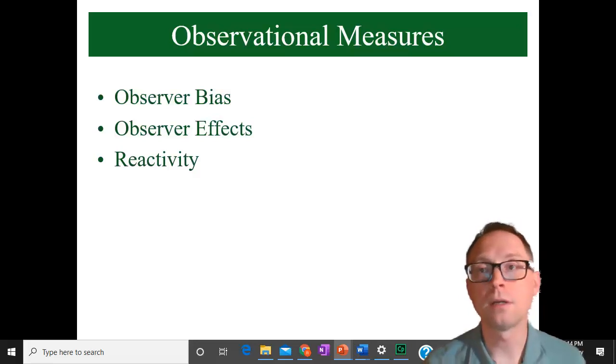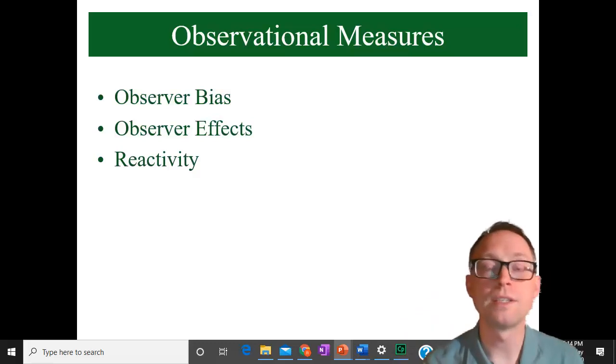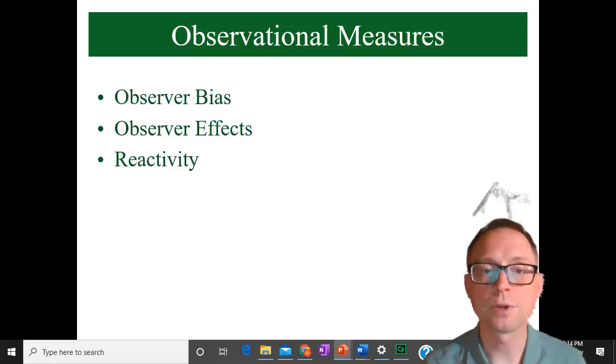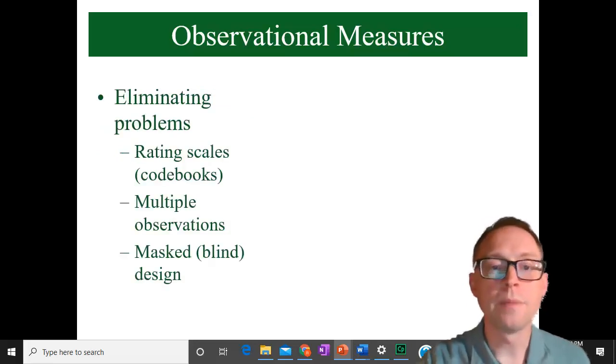Well, I might say, oh, I would give this person an 8. Whereas if I didn't know that you were in the Mozart group, I might have given you a lower score, right? That's observer bias.